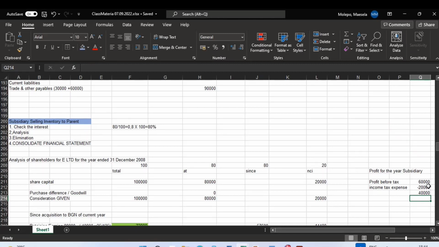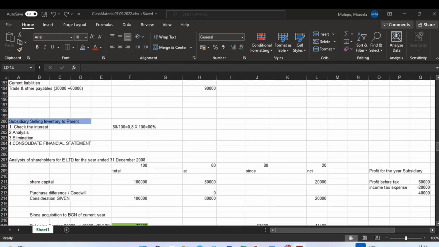Then yes, there must be the unrealized profit and the realized profit. So they told us that the opening inventory of the current year, he had the opening inventory of how much? Of 40, which was the unrealized.